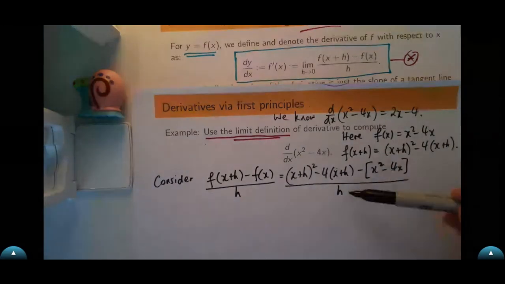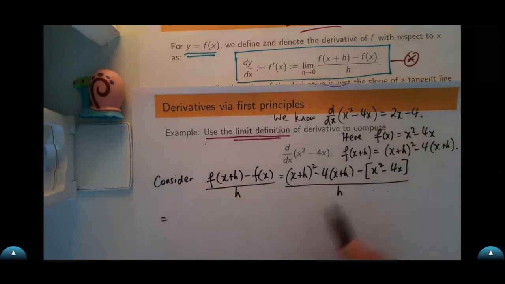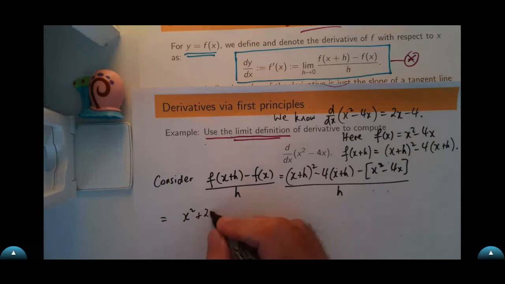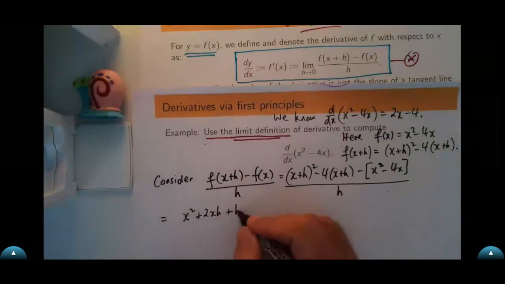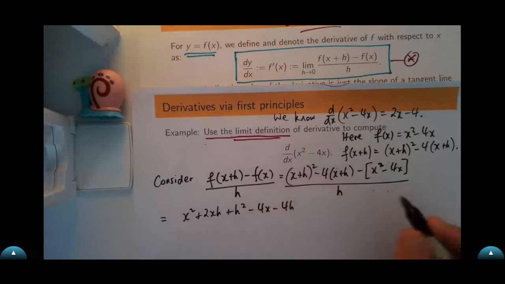And the challenge is to get rid of that h and simplify everything. One way you can do it is to actually expand all the brackets and look for the simplifications. You can also do difference of 2 squares here if you wanted to, but I'm not going to do that. I'm just going to write it all out.